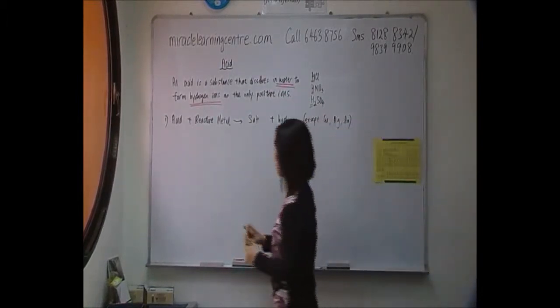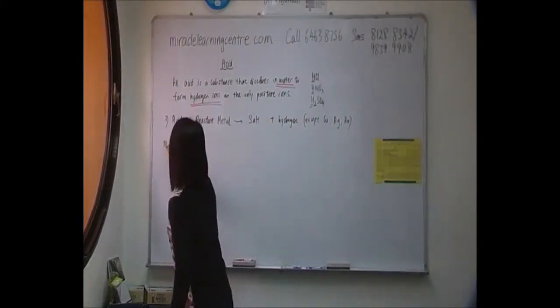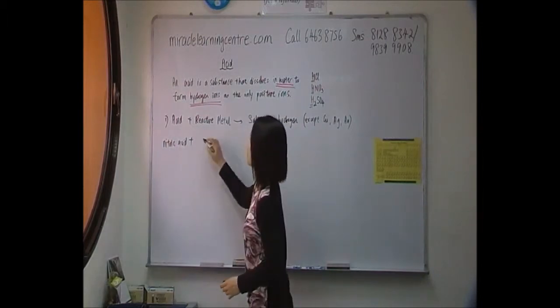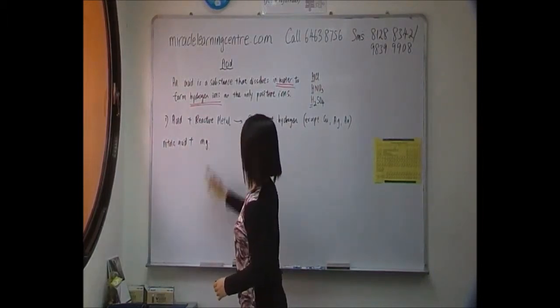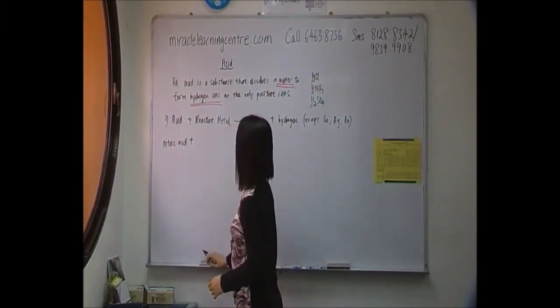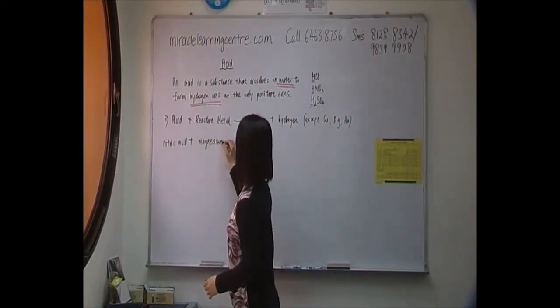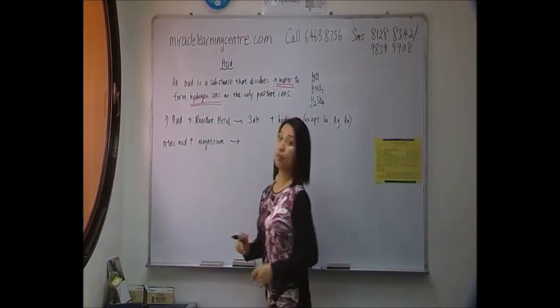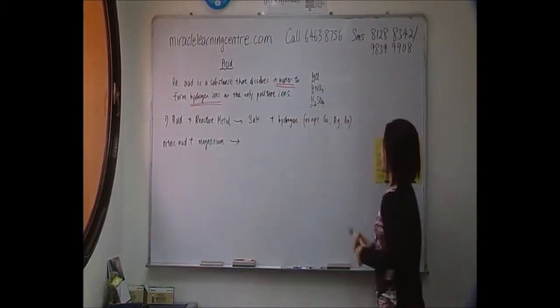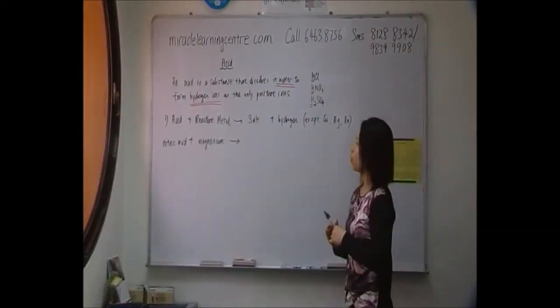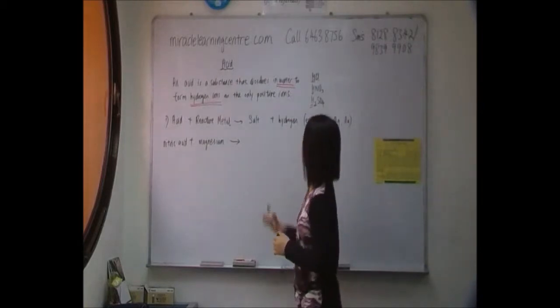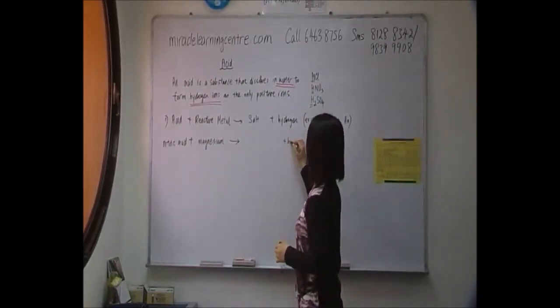Let's look at an example. For example, we have nitric acid reacting with magnesium metal. Is magnesium a reactive metal? Yes. So it will form a salt and it will form hydrogen.